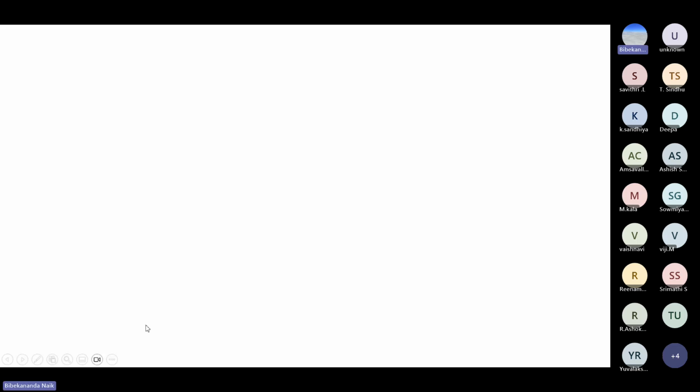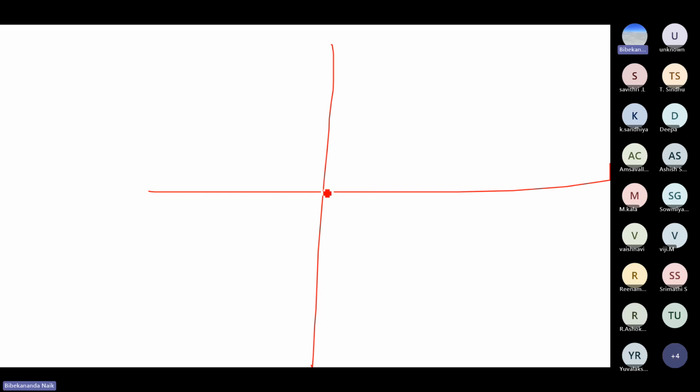So when you draw, the curve will be like this. Suppose this is x, this is y. So here it is 0, here it is 1. So the curve will be like this.